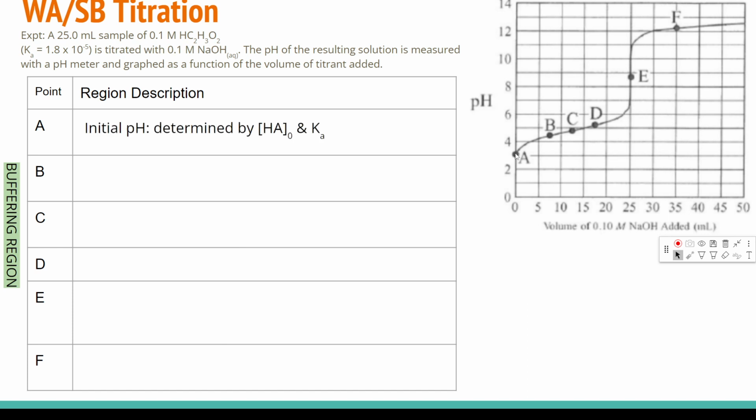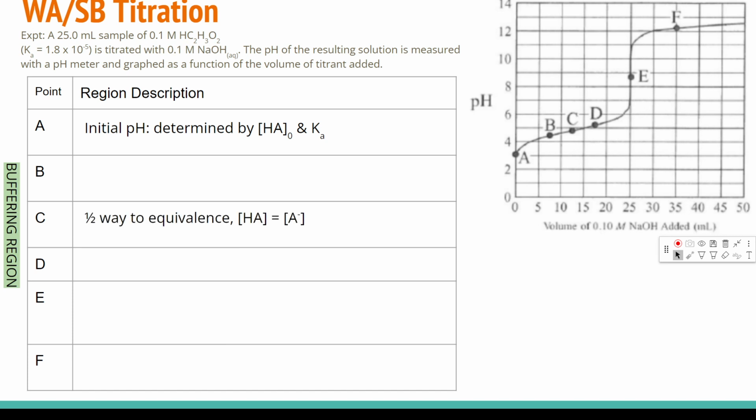So A is just our initial pH. Again, it's based off the concentration of the initial weak acid in this situation. Again, the 0 means initial. And then the Ka value for that weak acid. And so we would use the formula that I gave you before in section 8.4.